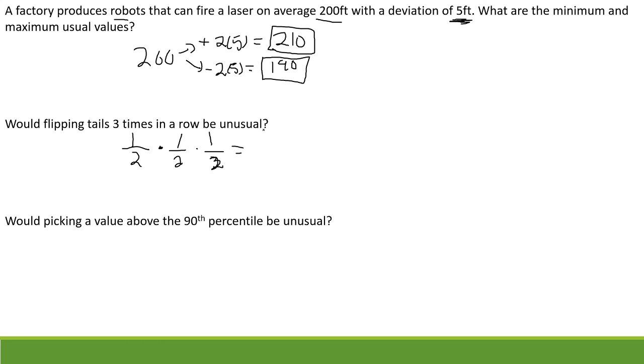So a half times a half times a half is 1/8, and 1/8 as a decimal is 0.125, which is exactly a 12.5% chance of happening, which would not be considered unusual. It's small, and it's probably not going to happen, but if it does happen, it's not unusual. And that's the thing about stats. There's a difference between unlikely to happen and unusual.